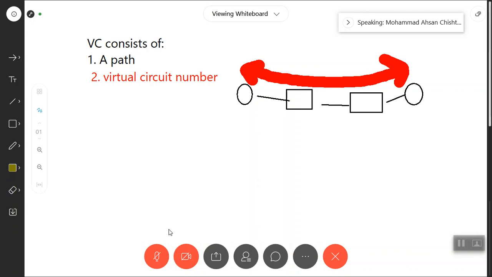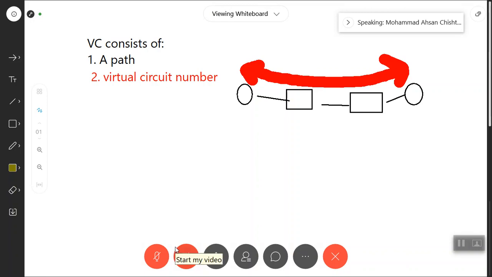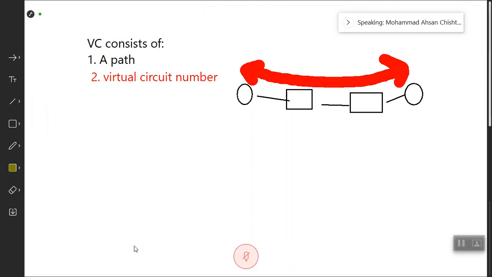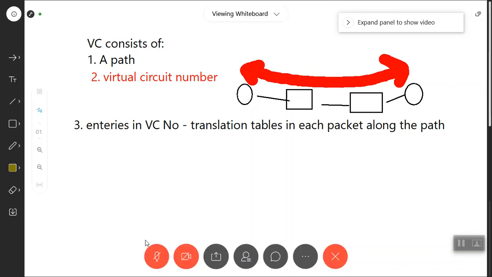And the third one is entries in virtual circuit number translation tables in each packet switch along the path. Okay, let me explain what I mean to say. Let us go to the previous example that we took.